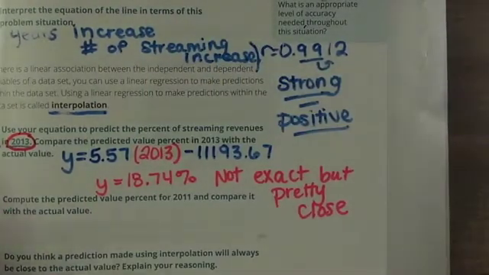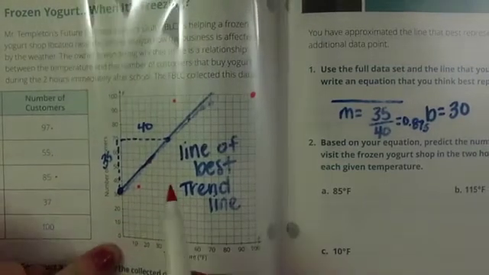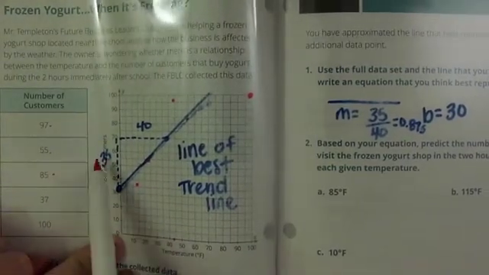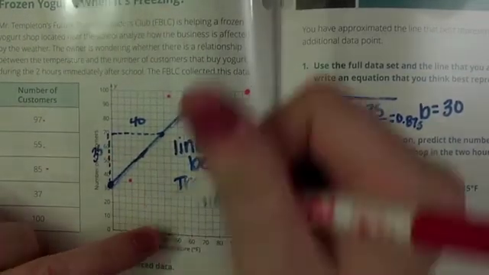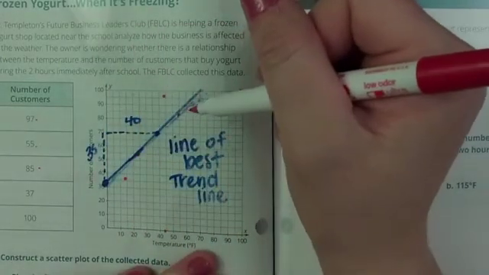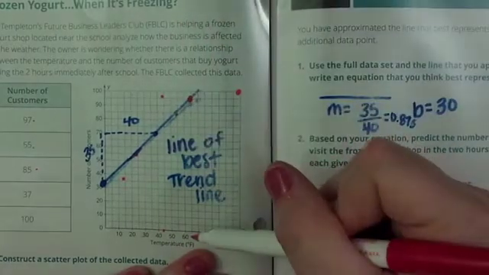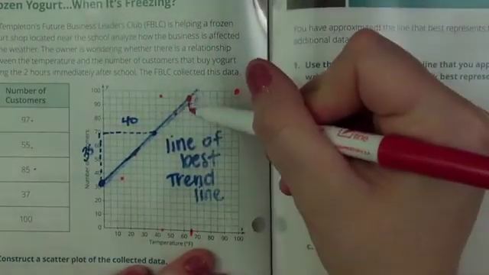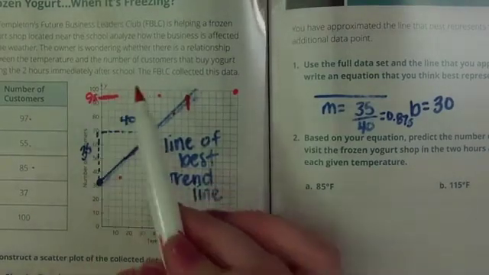So the reason that we do this is if we go back, this is the page M1 168 where they were talking about the frozen yogurt sales. So we said as the temperature went up, the number of customers went up. So if I was the owner and I wanted to predict how much ice cream to make, I could use this graph and say, okay, well, the temperature today is going to be 65, so I can expect about 95 customers.